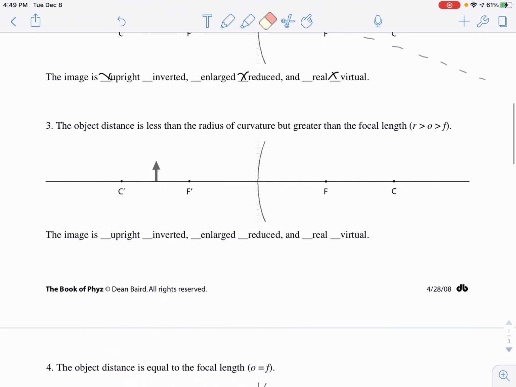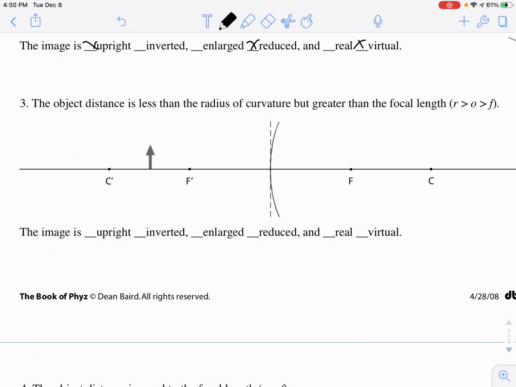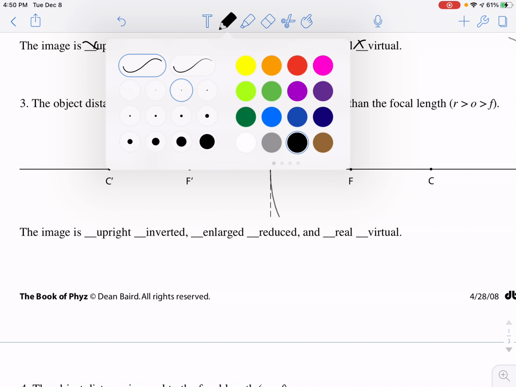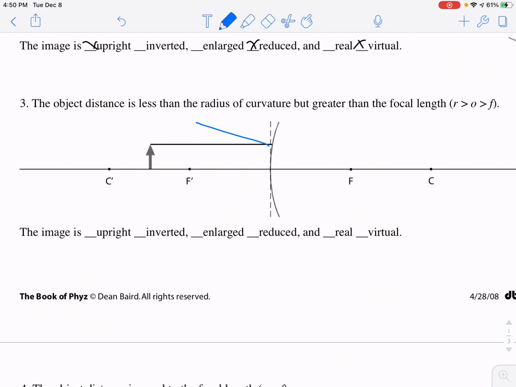Number 3. Now we're halfway between the center of curvature and the focal point. Parallel to the principal axis, reflect in a way that is opposite from the focal point, draw a dashed line going through the focal point as your back ray.